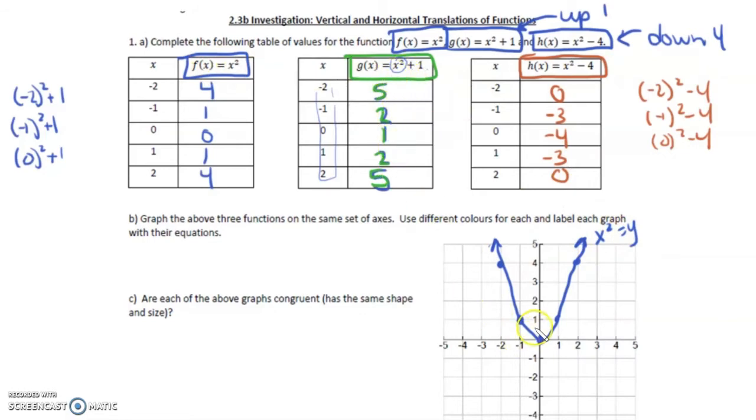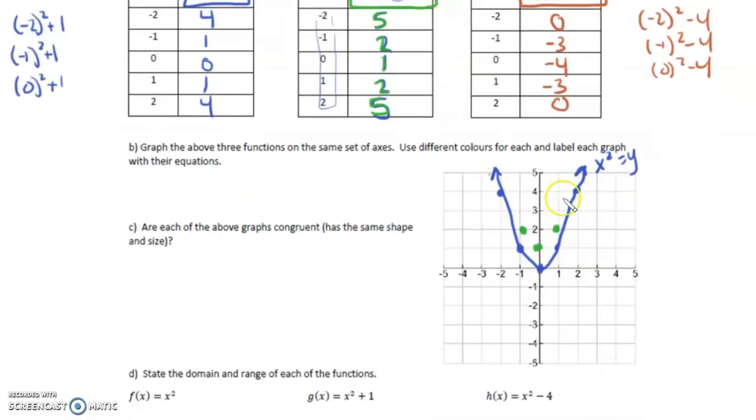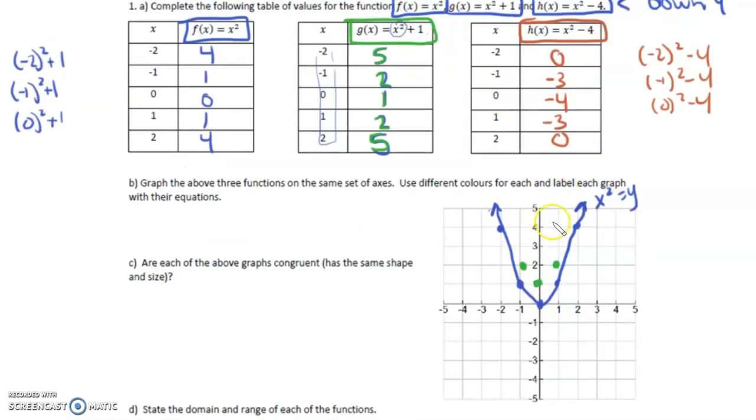If we were to graph these, we would see that this graph is going to lie here. And this is going to be x squared plus 1. Let's say g at x. That's fine. We'll call this f at x.